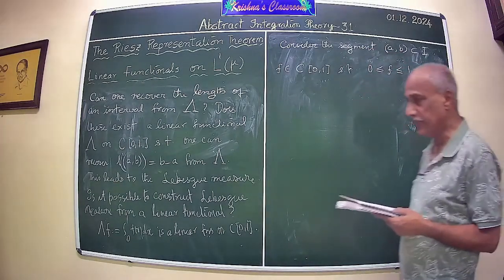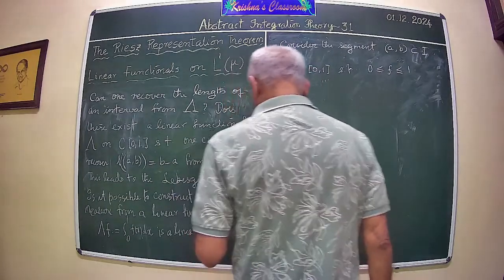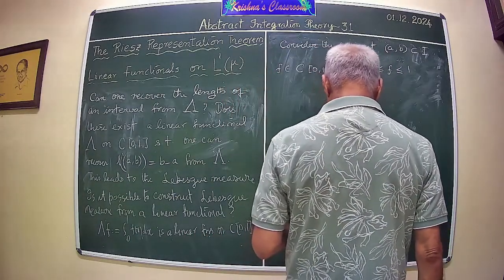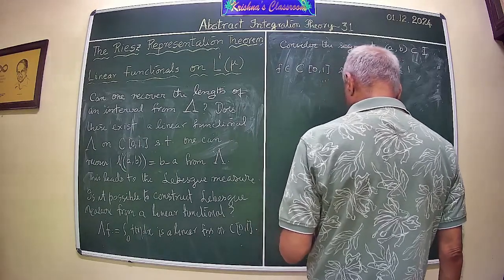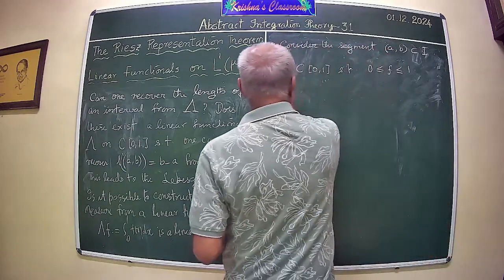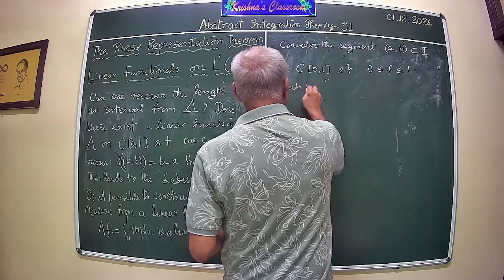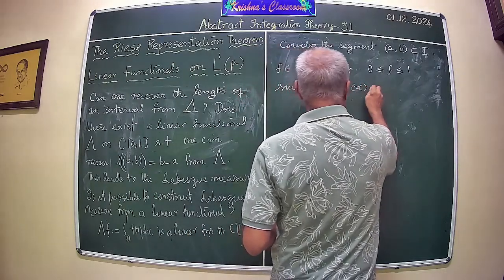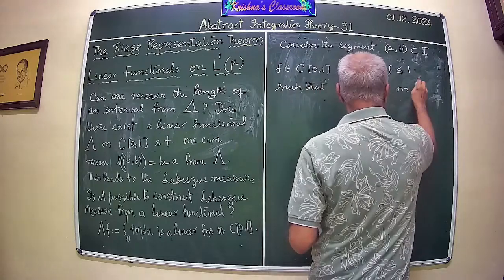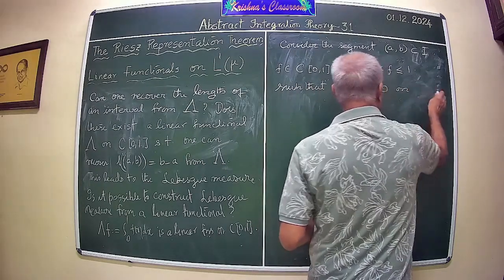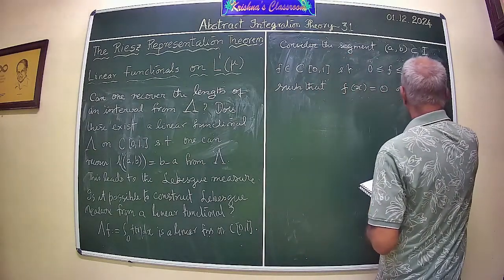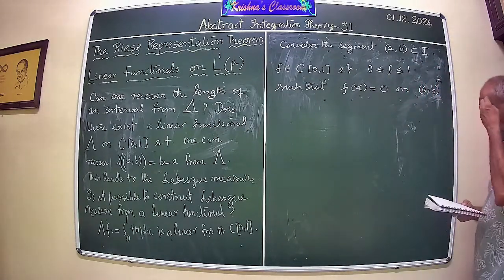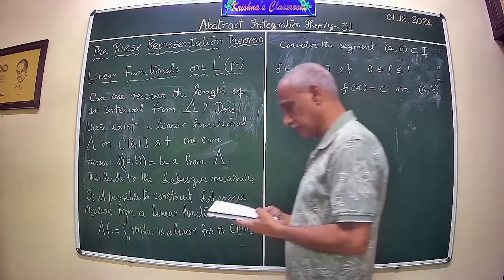So we are taking continuous functions on I such that f of x equals 0 on the complement of AB.